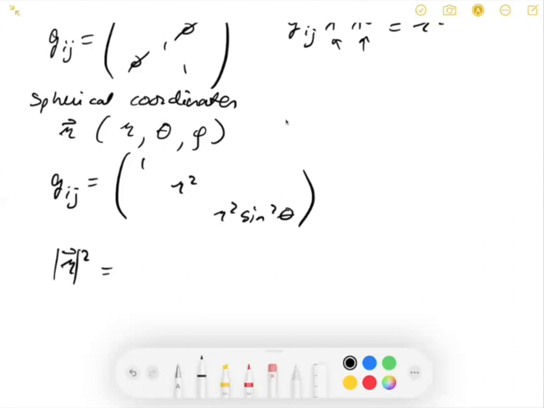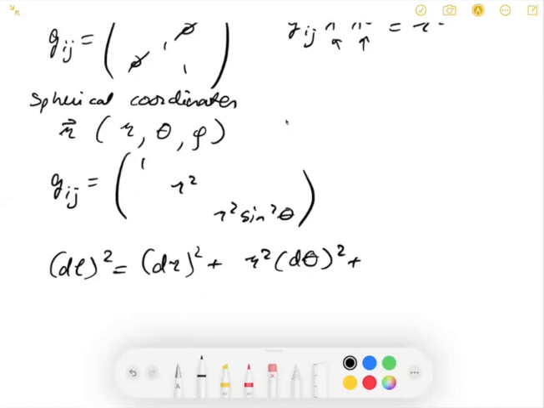there's some redundancy, position vector and the coordinates, should be, oh, hang on a second. Okay, dl squared should be dr squared plus r squared d theta squared plus r squared sine squared theta d phi squared, right?